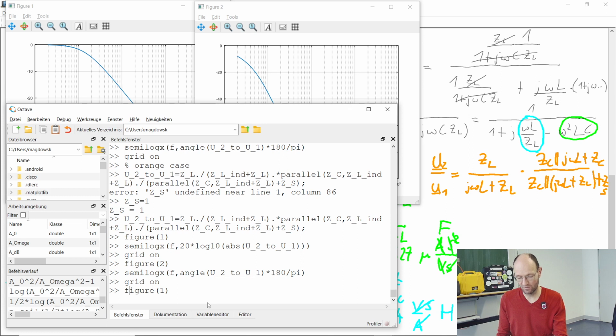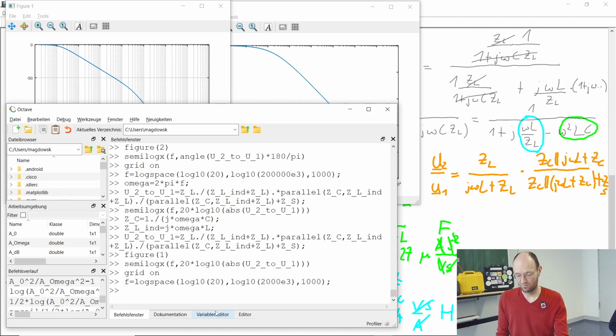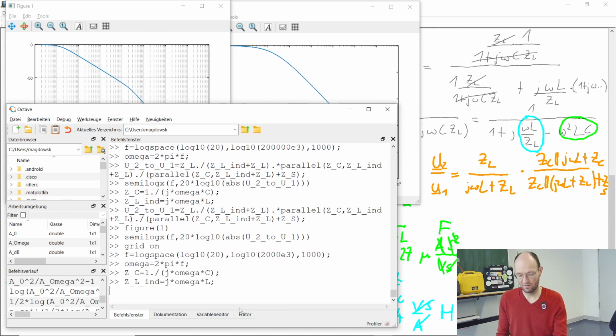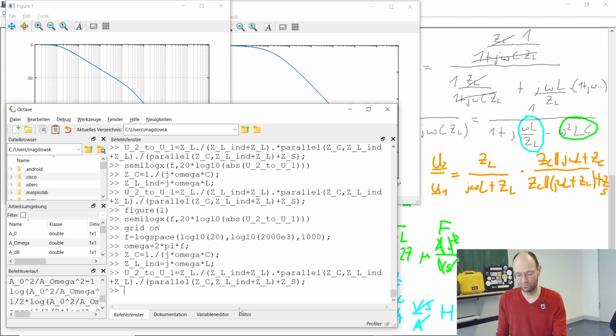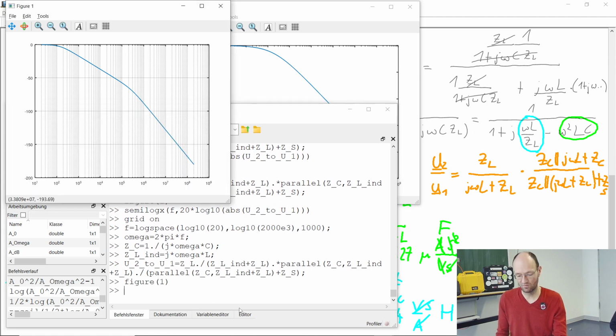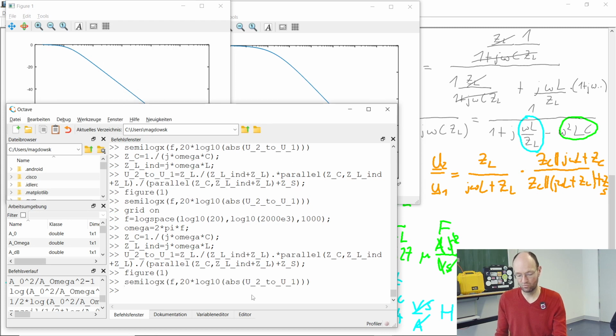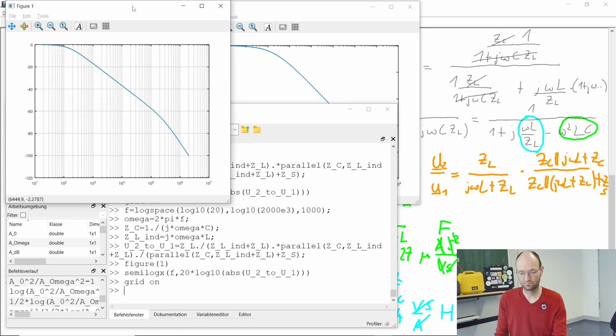So to check this, I go back to where I define my frequency range, and go to 200 kilohertz, or maybe even to 2 megahertz. Recalculate ZC, recalculate ZL, recalculate the transfer function, go to figure 1, do the magnitude plot with a grid.